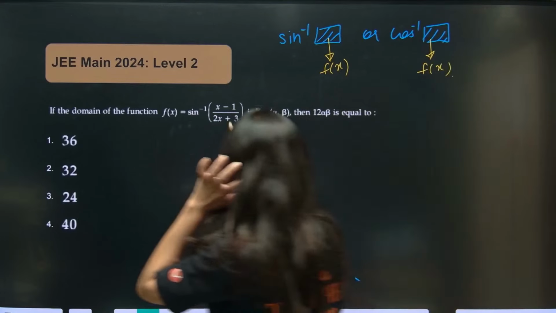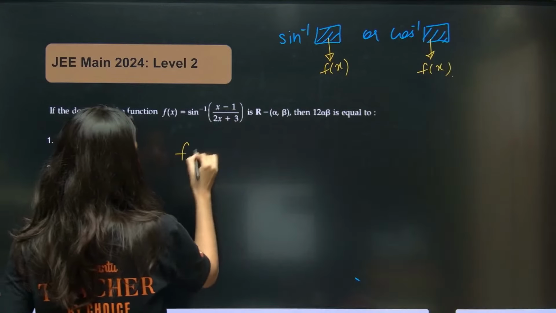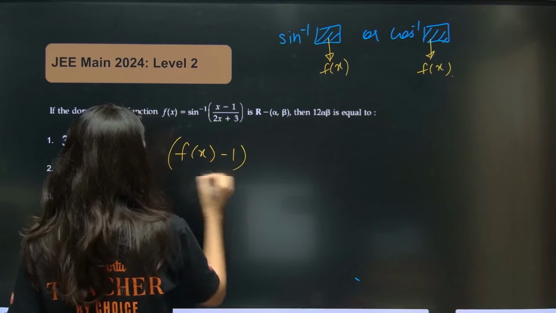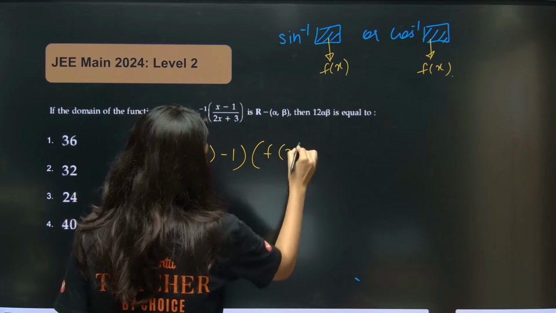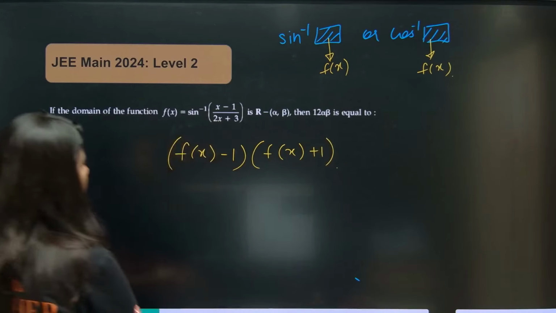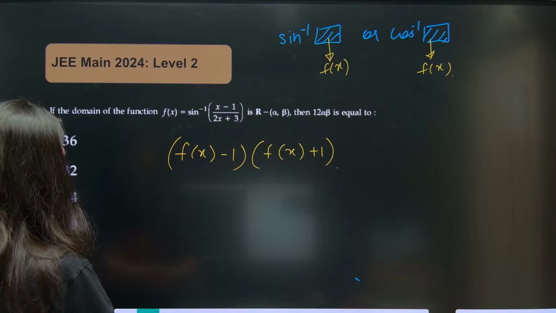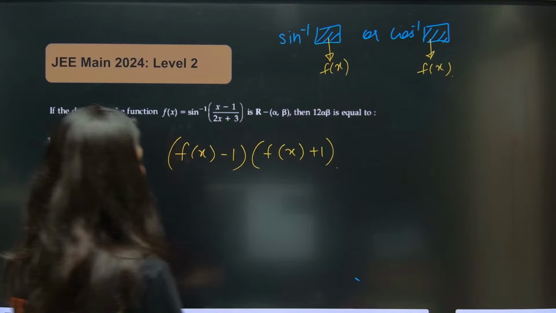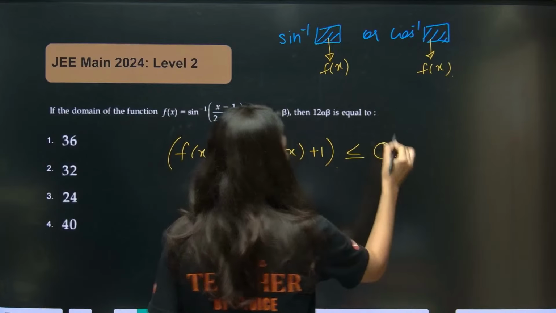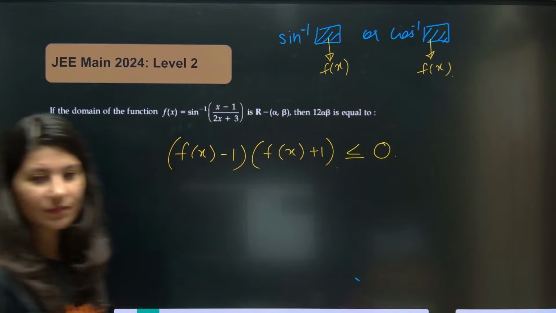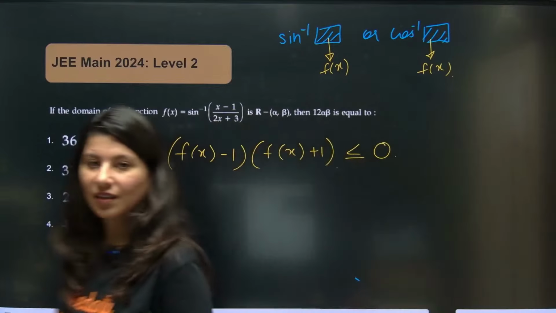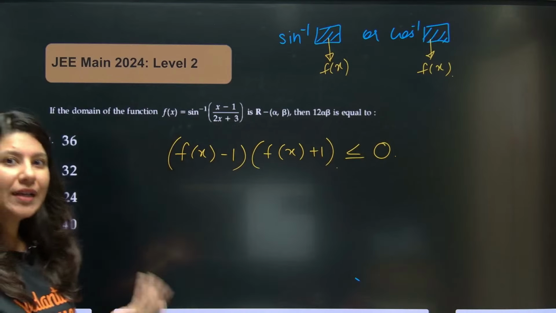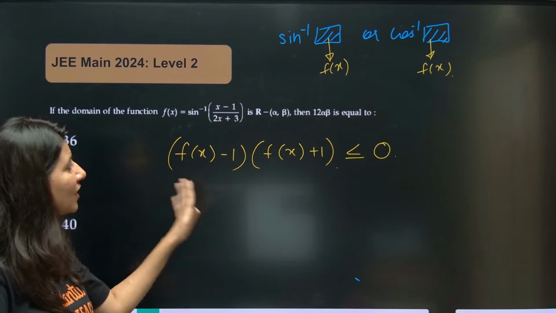Okay, so what you need to do is that expression which is f of x, so f(x) minus 1 and f(x) plus 1 should be less than or equal to 0. Just solve this. One inequality you have to solve. No need to solve multiple inequalities and then take intersection. No need. Just one thing.